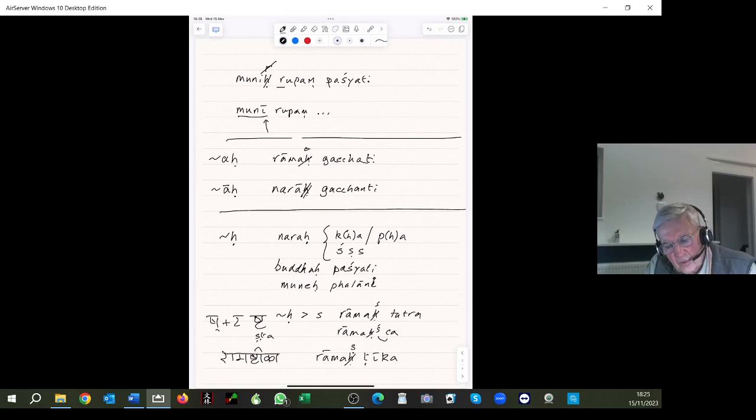We have already seen several times the prefix a, normally meaning on or towards. Also can indicate kind of aggression, one thing on top of another, on. In verbs of motion or deemed motion, it reverses the motion. So gacchati goes, agacchati comes.